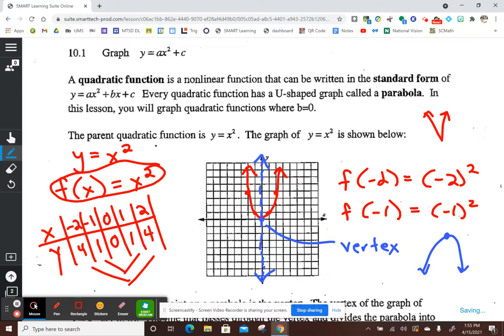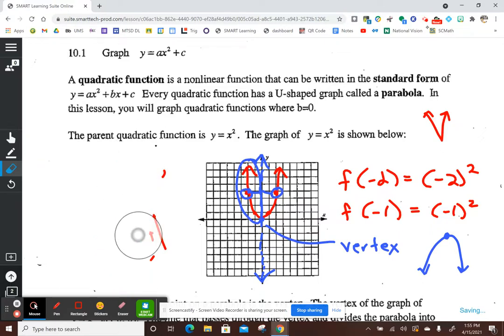And the axis of symmetry is the line through which every point on the parabola is symmetrical. So the distance from this point to the line of symmetry is the same as this point to the line of symmetry. If you were to fold your parabola that's on a piece of paper and put the fold at the axis of symmetry, the two lines of your parabola would line up perfectly.